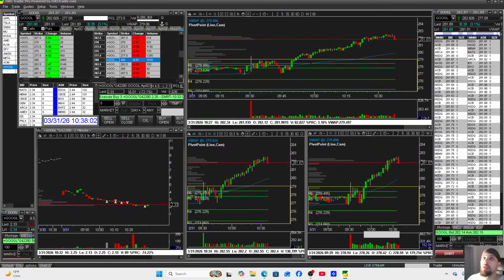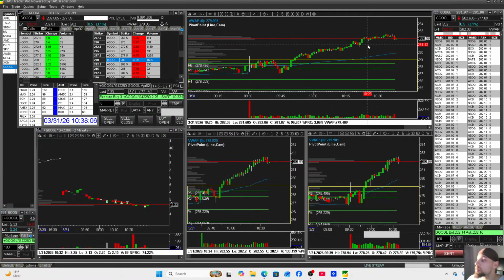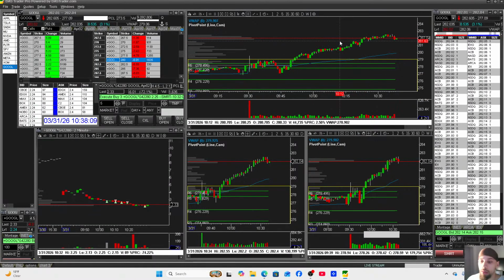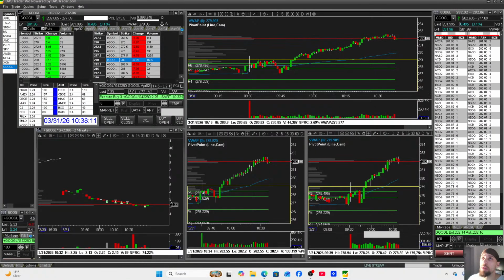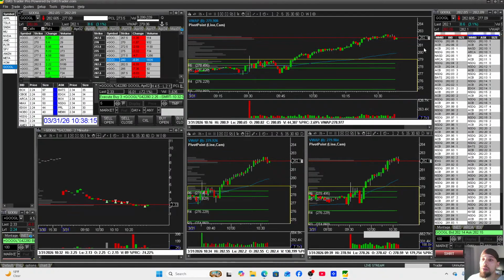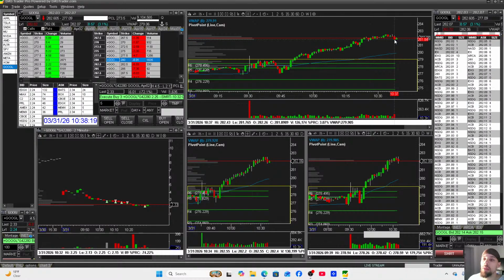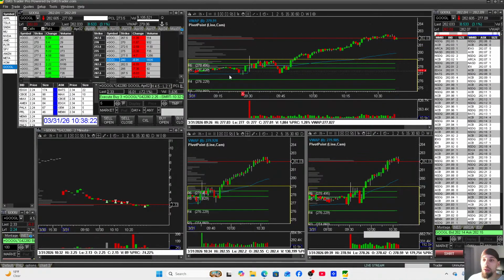Okay, 30,000 contracts just got liquidated right there. So let's see what happens here. Big buyer stepped in. Since we have that little pullback right here, see if it's going to hold that level.